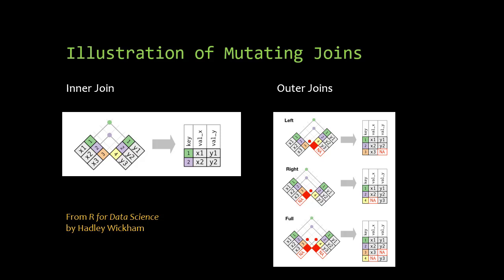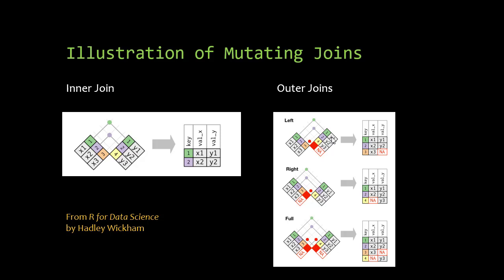Here's an example right at the top on the right-hand side. So here's the left data set and here's the right. So what we know is that all the data in the left data set is going to be included. So what we're looking for is, can we find a match over here in the right?